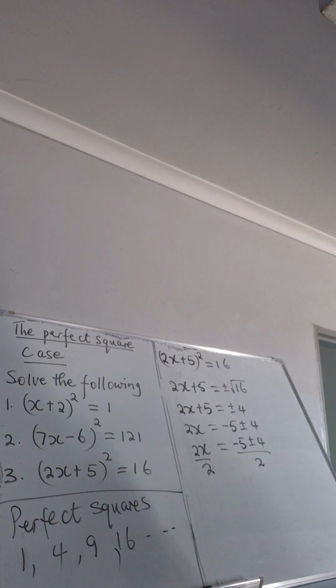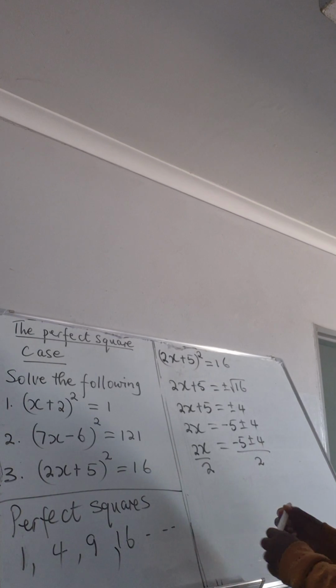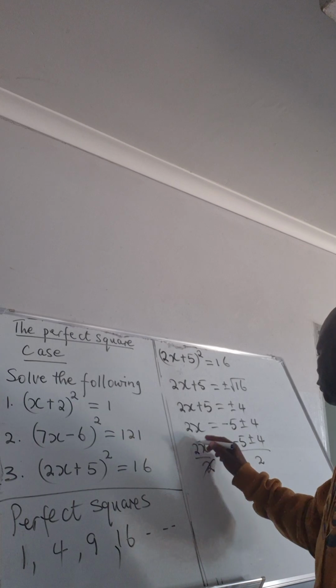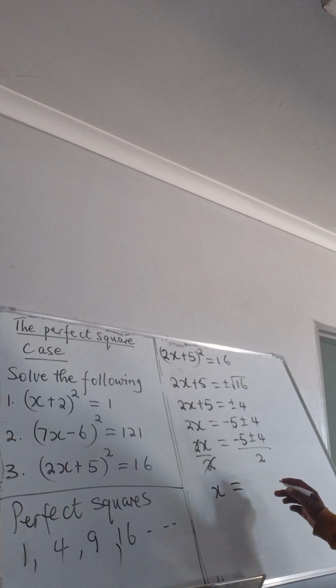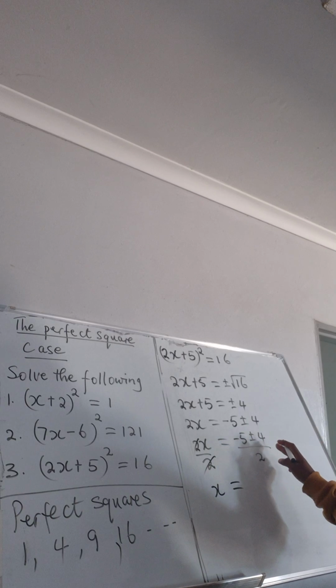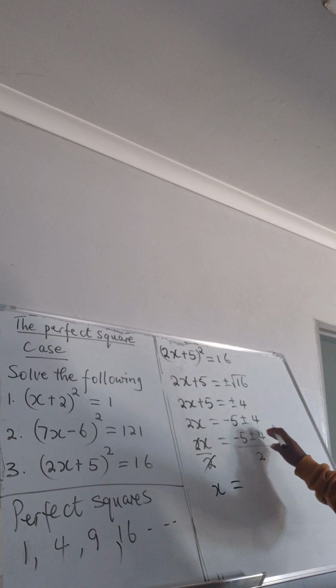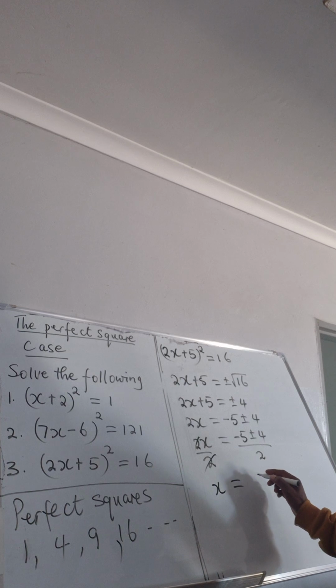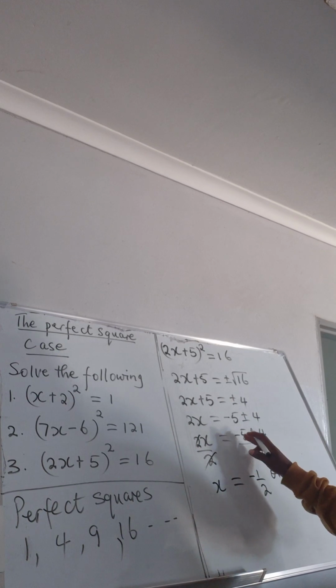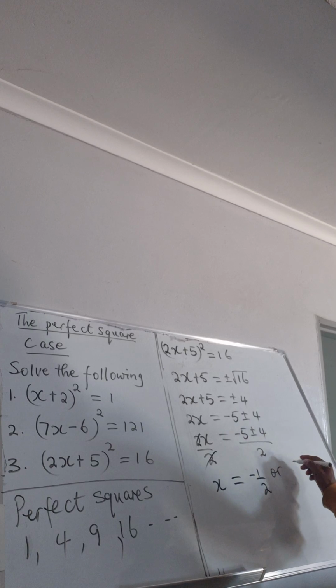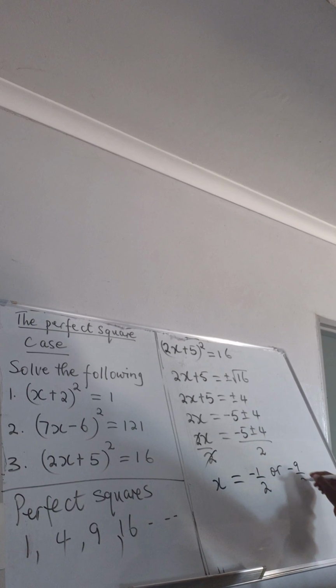All right, on the left hand side the 2 is going to cancel. Now we have x equal to minus 5 plus 4, which is minus 1 over 2, or minus 5 minus 4, which is minus 9 over 2.